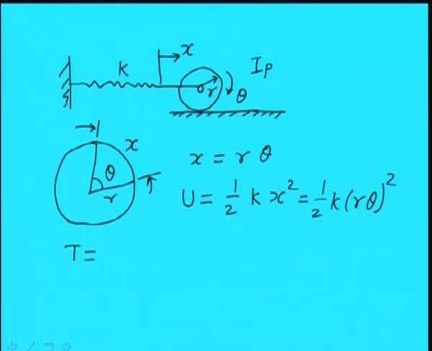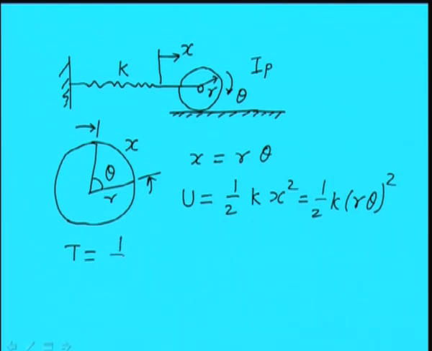One is because this cylinder is rotating, so it has kinetic energy because of its rotation. Also, because it is moving in the x direction, it has linear motion, and because of that also it has kinetic energy.